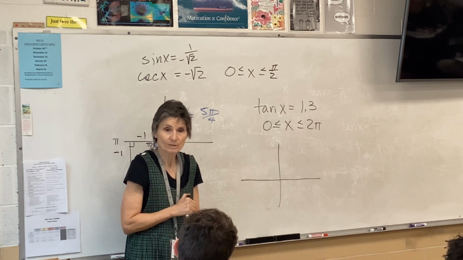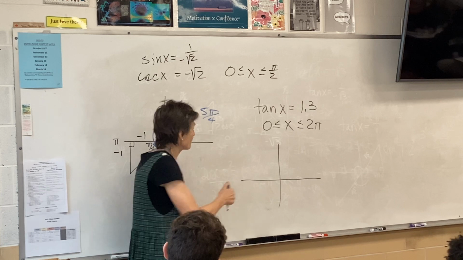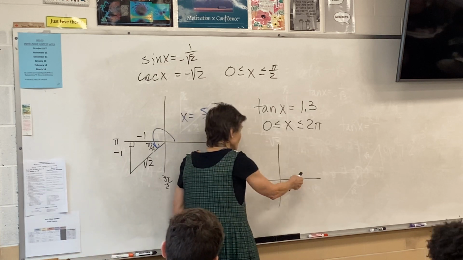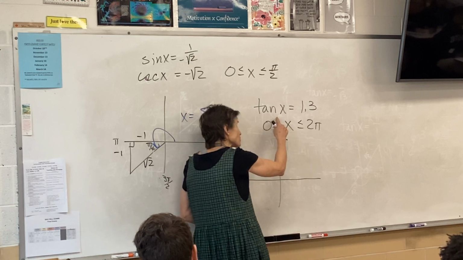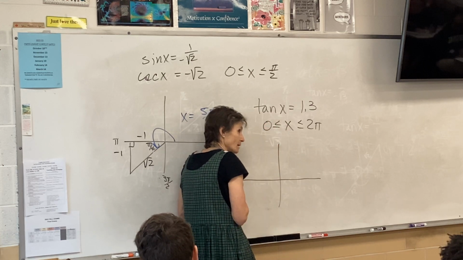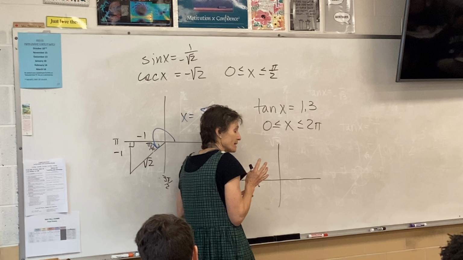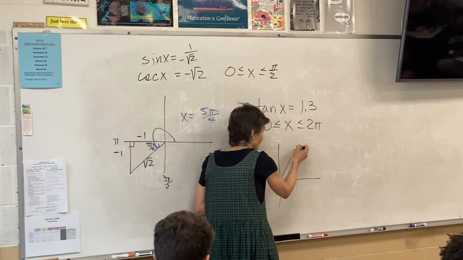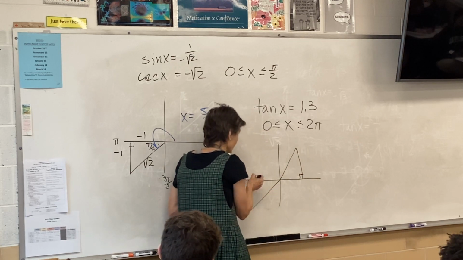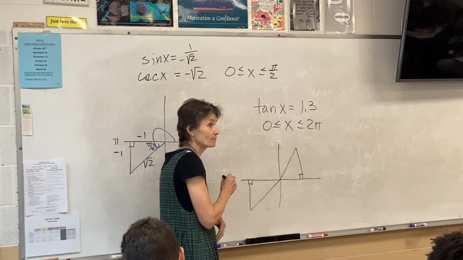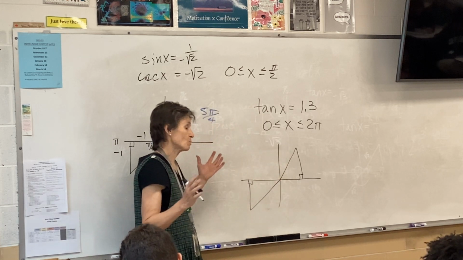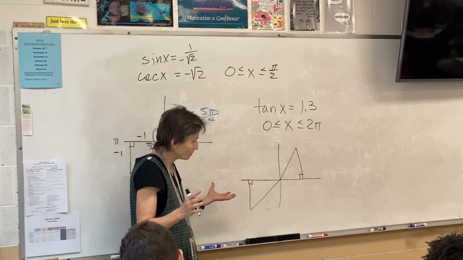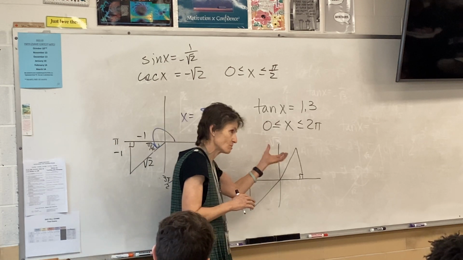I'm going to have an answer in just certain places. 0 to 2 pi says I can look everywhere. But if the tangent is a positive number, I can only look in quadrant 1 and 3, like we just talked about, right? Now you can label the sides of that triangle if you want, but there's really no point in it because it's not special. This isn't 30 or 60 or something.